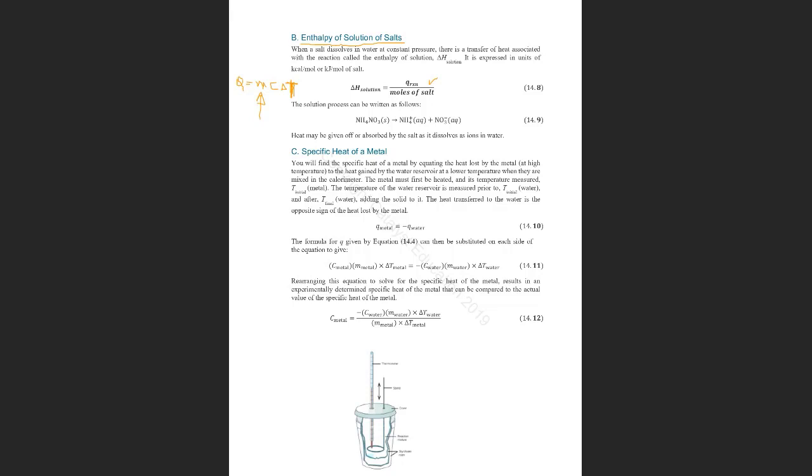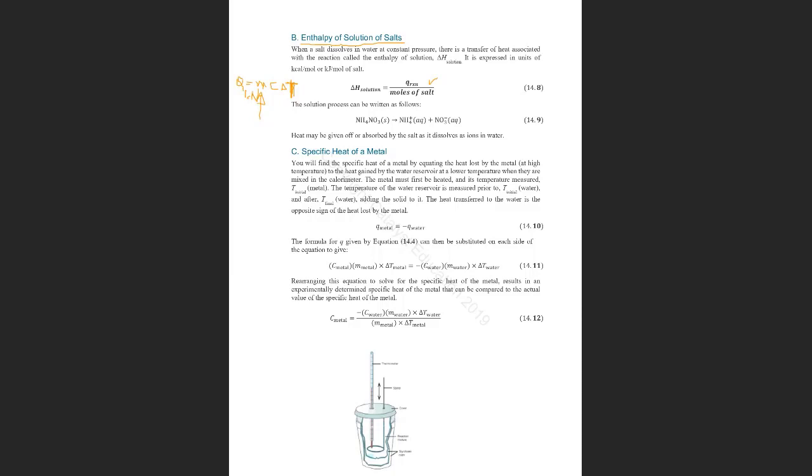And then once you have this Q of the reaction, you are going to divide by the moles of the salt. When you dissolve a salt in water, some salts absorb heat and some other salts release heat. So we are going to see that. We're going to give you two different kinds of salts to calculate the enthalpy of solution.